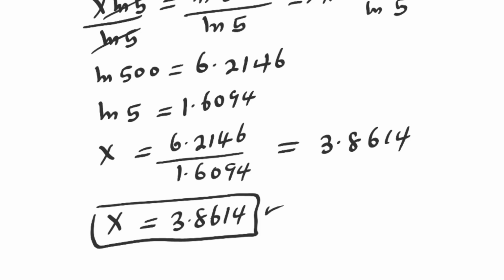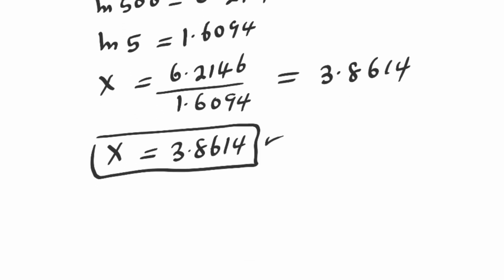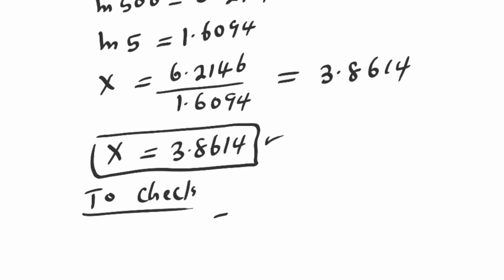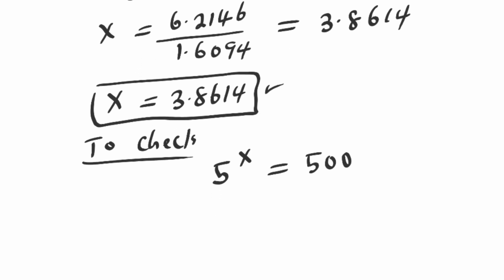Let us check to confirm if this answer is right or wrong. To check, we have the given equation 5 raised to power x is equal to 500. And this is 5 raised to power 3.8614 must be equal to 500.